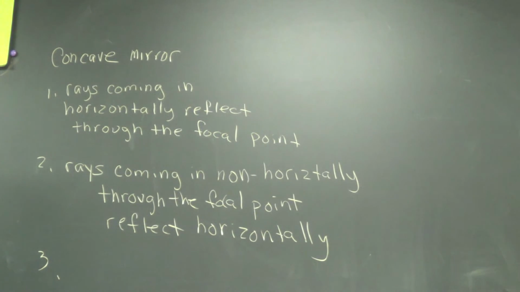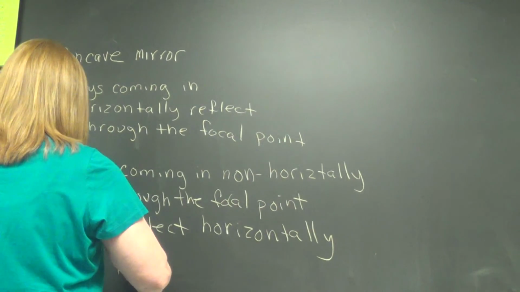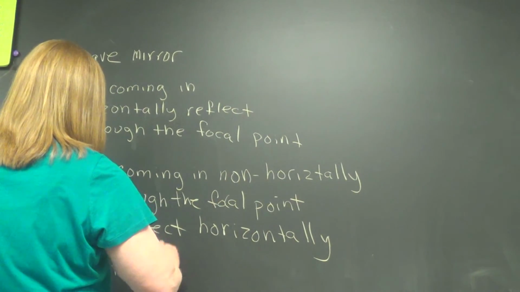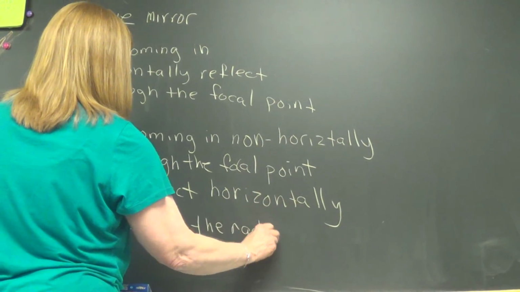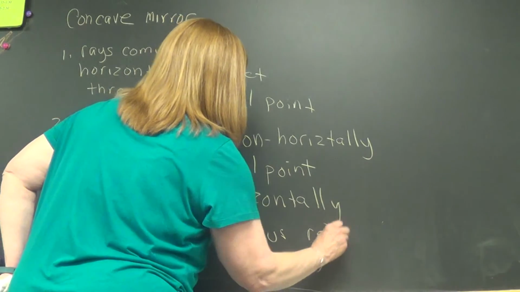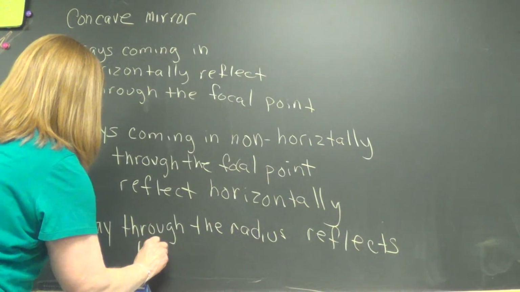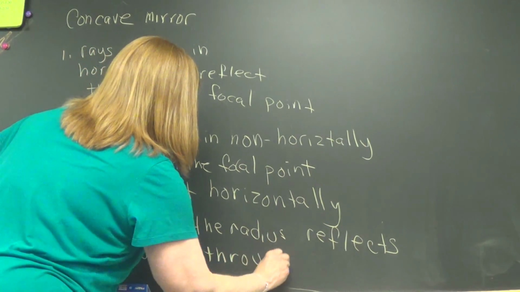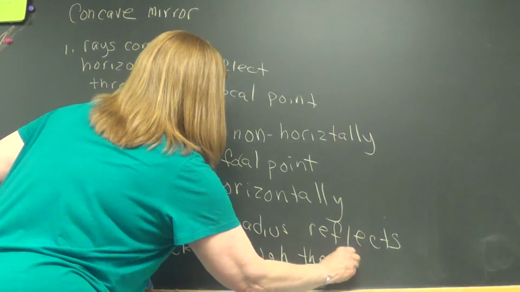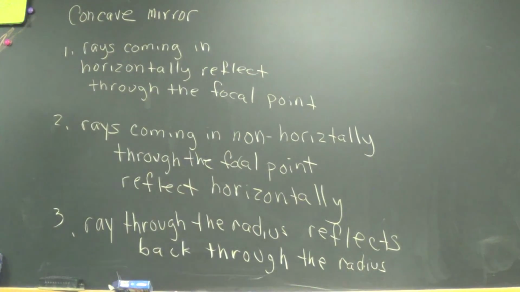All right, a ray through the radius reflects back through the radius. It doesn't matter if it's horizontal or vertical. They're generally not horizontal.